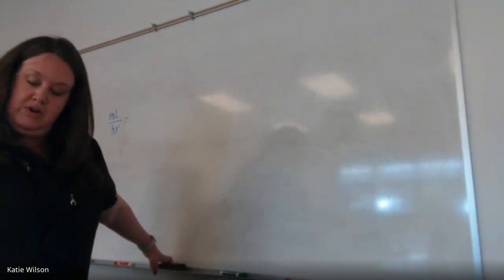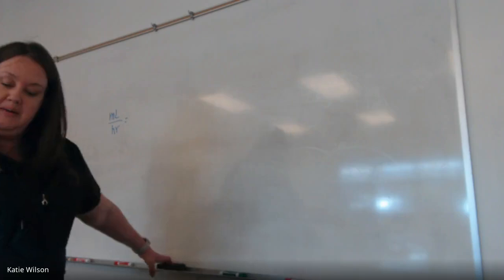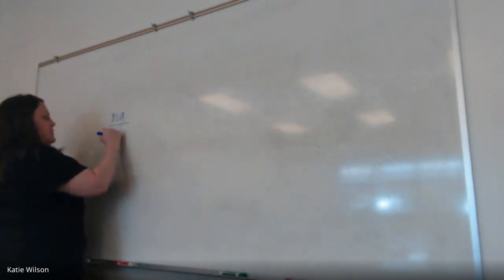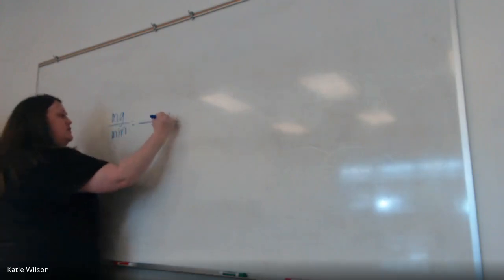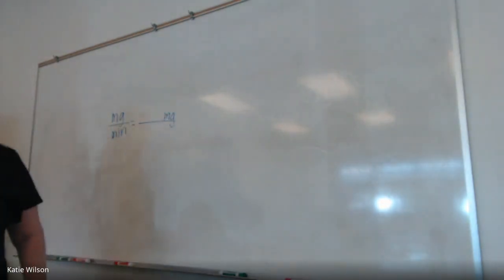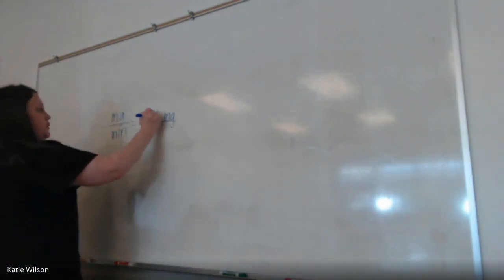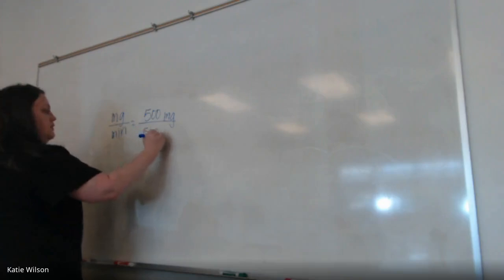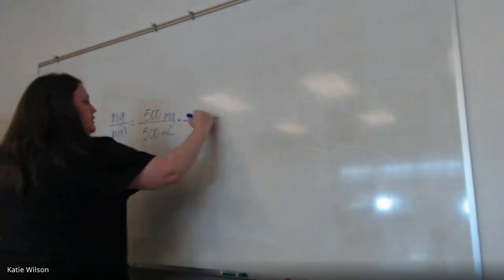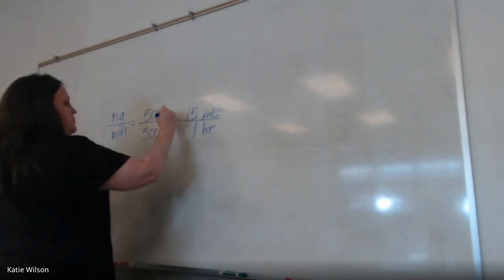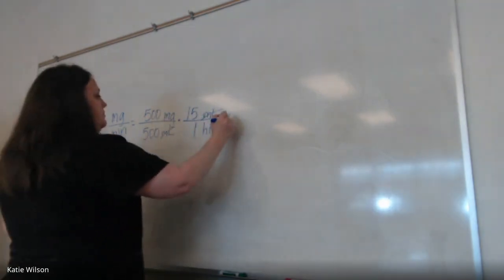So what are we solving for? Milligram per minute? Milligrams over minutes. Start off with milligrams. What do we know about milligrams? There's 500 milligrams in what? 500 milliliters. I need to cancel out milliliters. What does it tell us about milliliters? It's infusing at 15 milliliters for 1 hour. Milligrams on top, hours on bottom. I want minutes on bottom.